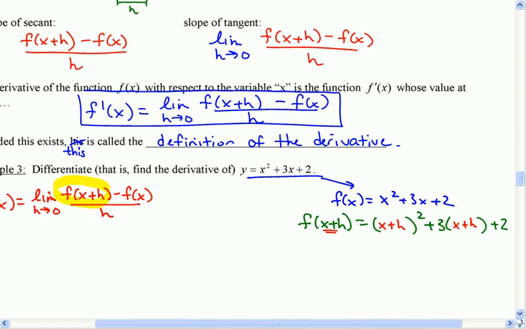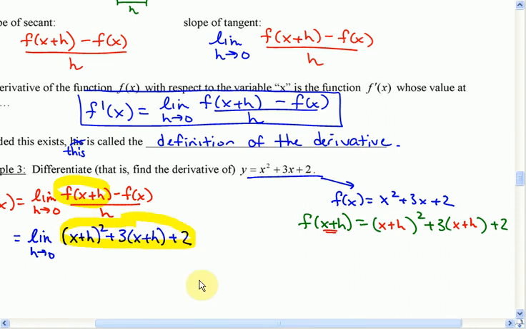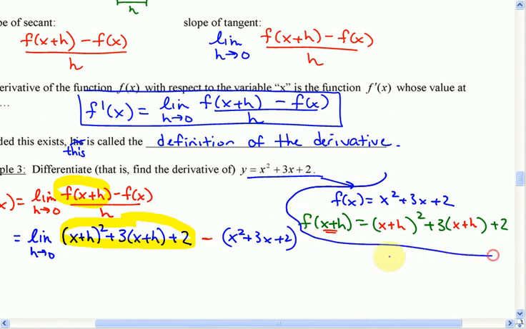So let's make that substitution in our formula. x plus h all squared plus 3 times x plus h plus 2. Now this is just that part in yellow. Please subtract from it f of x, which is x squared plus 3x plus 2. Be careful, I'm going to put a bracket around it so that you can see the difference.